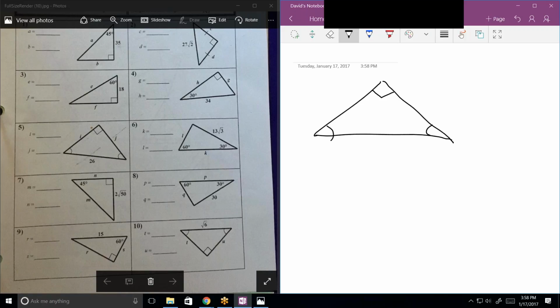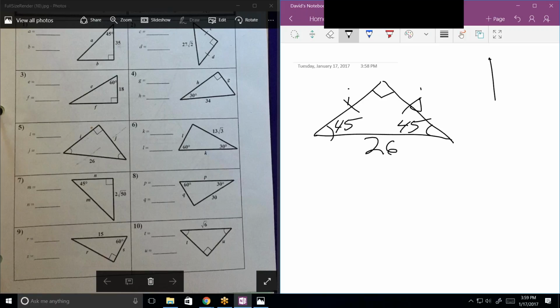What's true about I and J? They're equal. Okay. Which makes this what kind of triangle? An isosceles triangle. Well, makes it a 45-45-90. In other words, it's one of those two triangles.